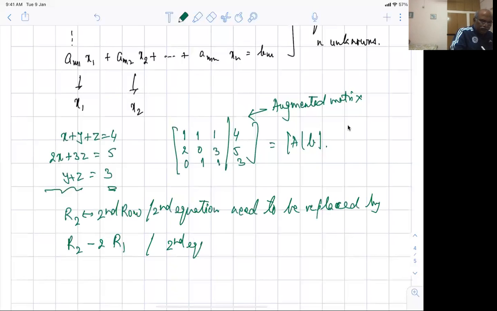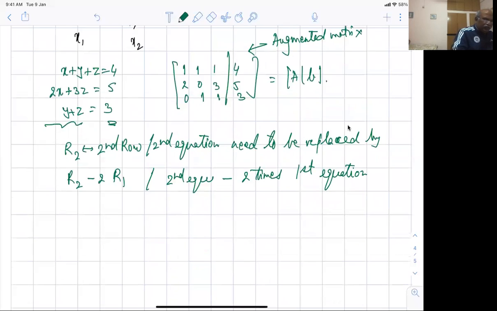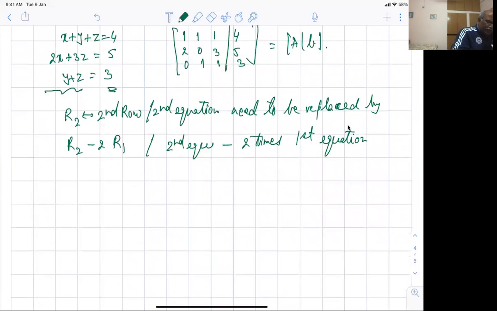This is what we are looking at. So if I do that, what do I get here is, you can just look at this, unless my calculation is wrong. x plus y plus z is equal to 4. The first equation remains as it is. Second equation becomes minus 2y plus z is minus 3, and y plus z is 3.